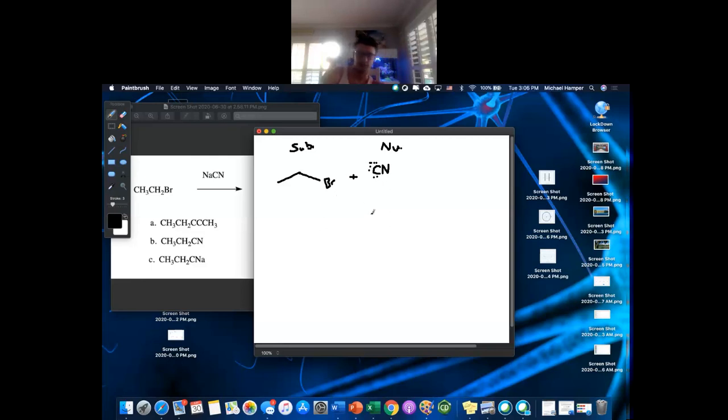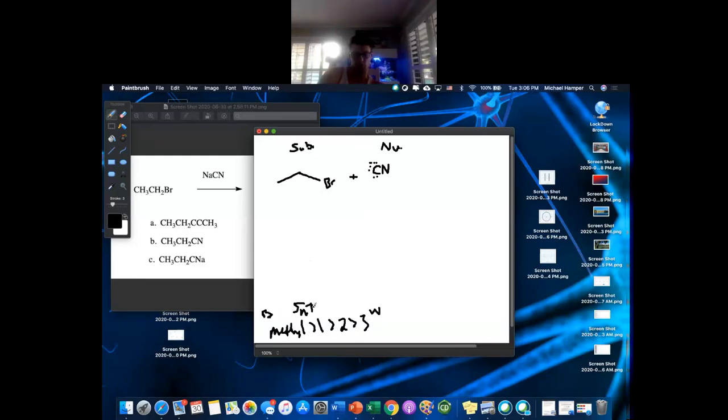Yeah, Sn2. So for Sn2, it goes methyl. This is in the order of reactivity. Methyl, primary, secondary, and tertiary. This is worst. This is the best.